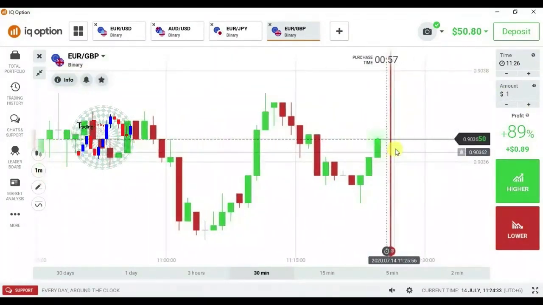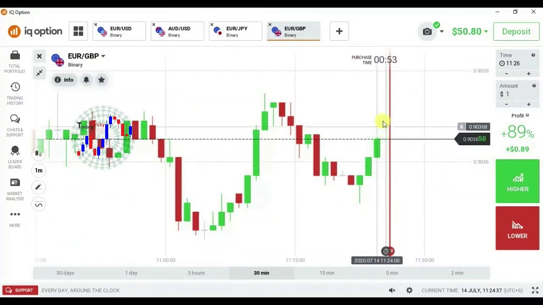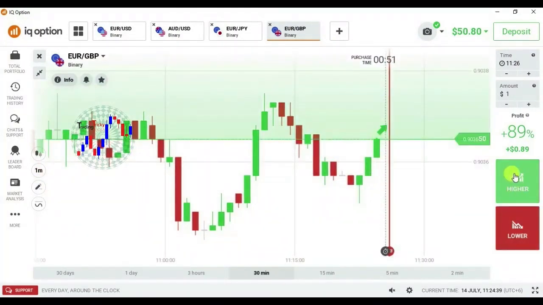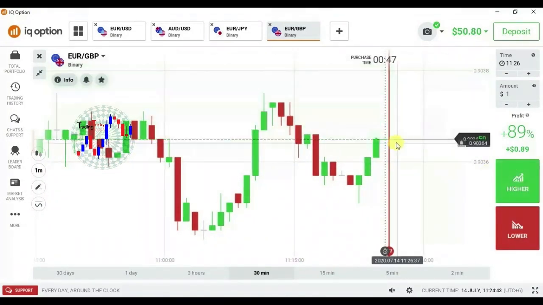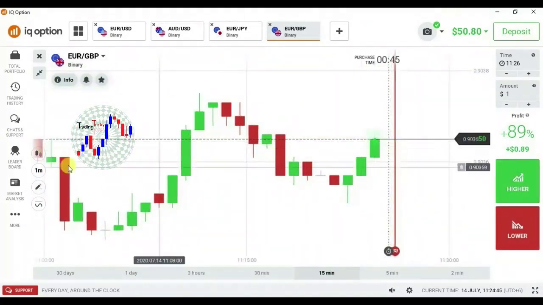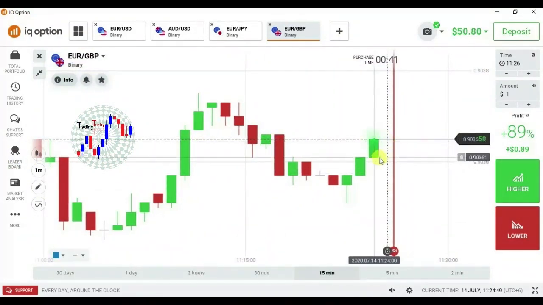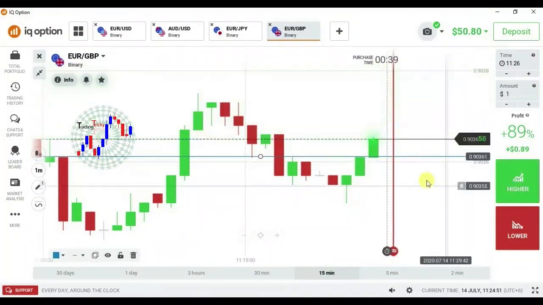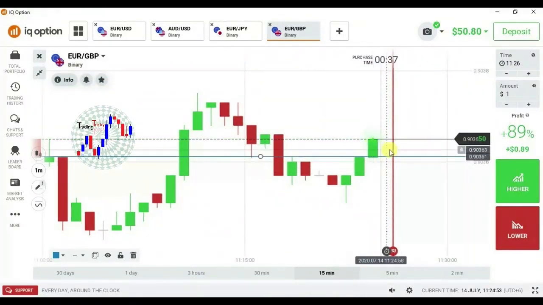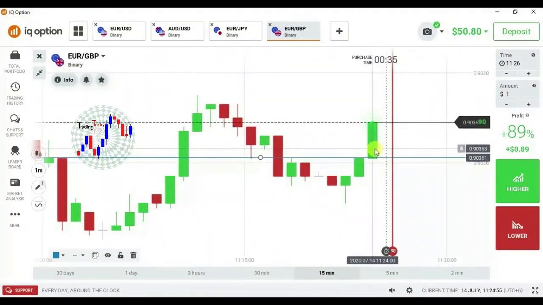For example, now your assumption is that the next candle will be green, so you should click the higher option. So for example, here you have placed a higher option trade, and the candle closes above this line, it means you win.